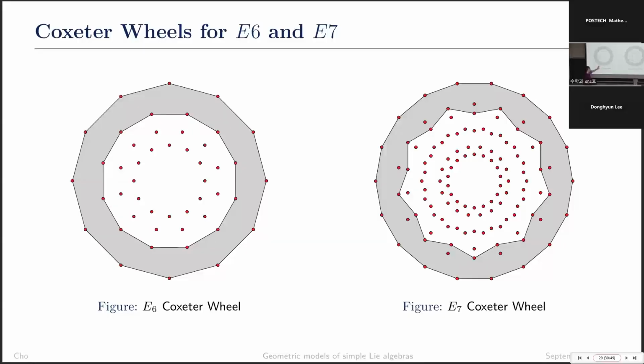That means when you project from the 6-dimensional space to this plane, some of the roots have multiplicities. I think these two have multiplicities too, and also some of the vectors have multiplicities. So in this case, you can check that these two arcs, this arc and this arc, are parallel and the same as a vector, but they are different as geometric arcs.